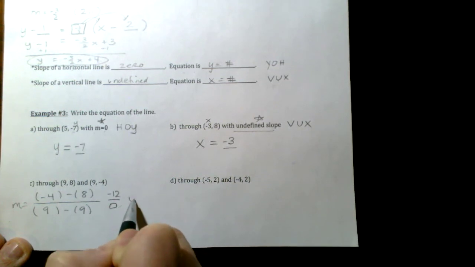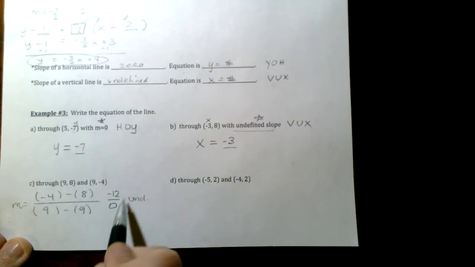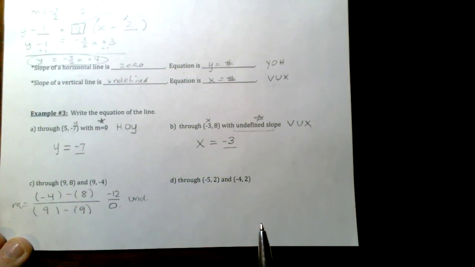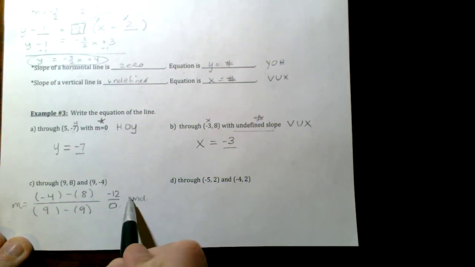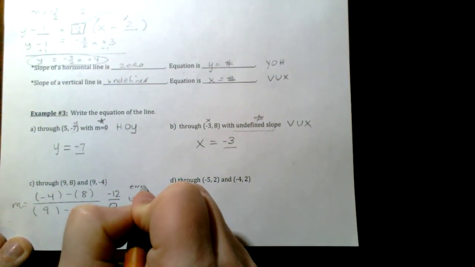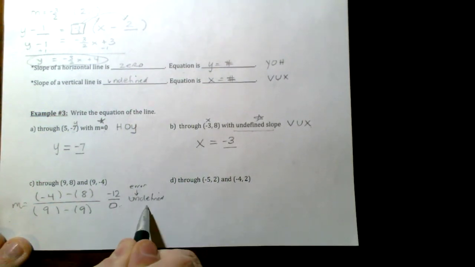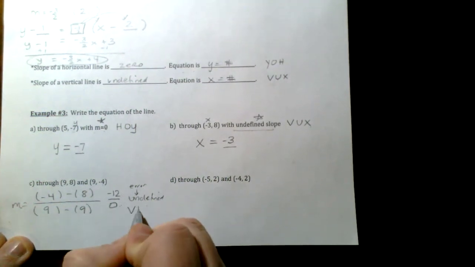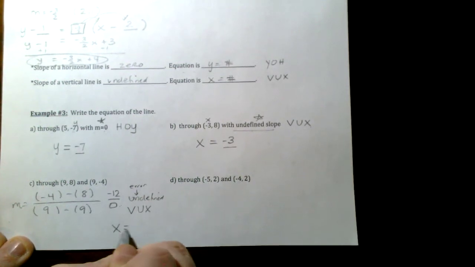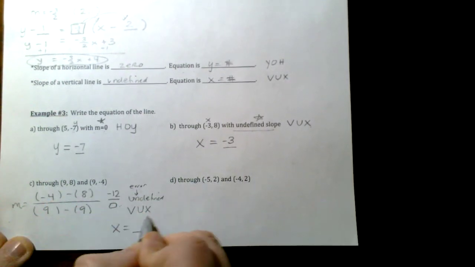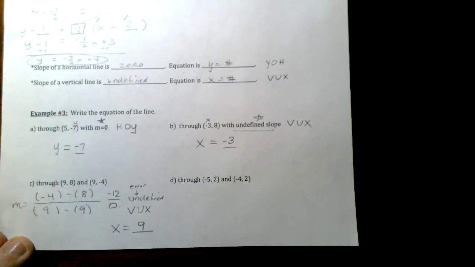This in the bottom is going to be undefined. If you put this in the calculator, it's going to tell you error, can't be done. That means the same thing. Undefined. So when this happens in your calculation, then you want to go right to vux and say x is equal to some number. Notice x is the same in either one, so the answer is x equals 9.